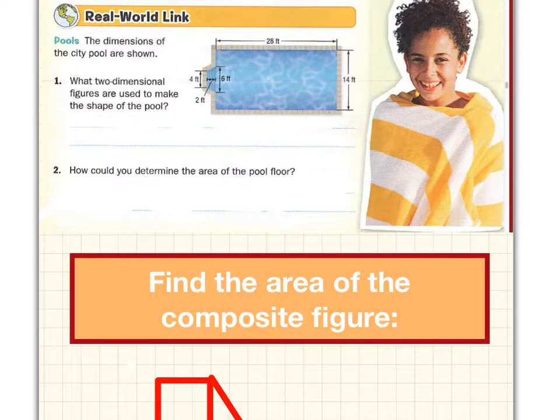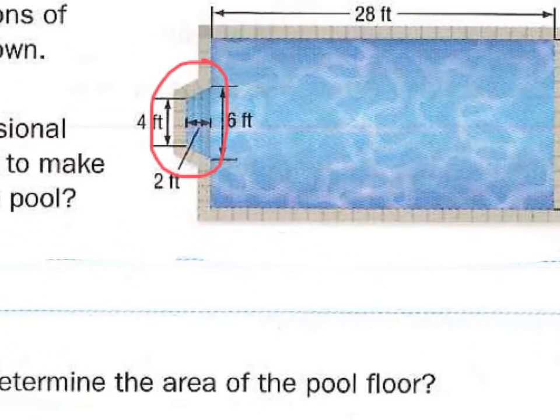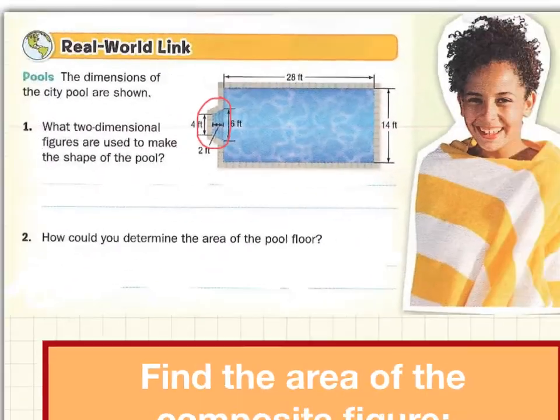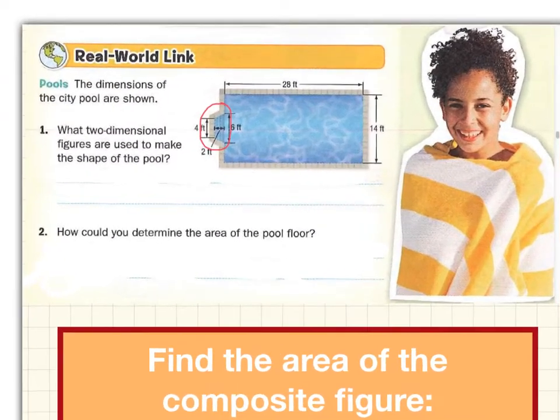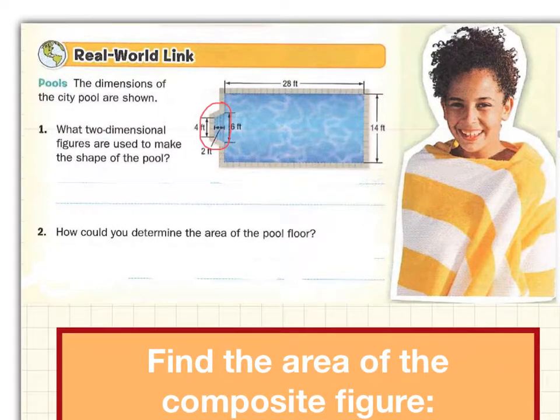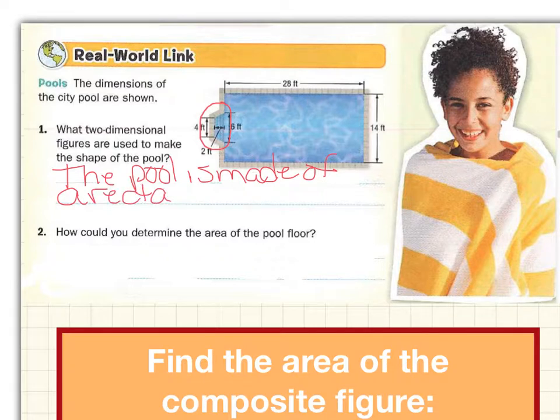I'm going to stretch it out a little bit so you can see. It should look like a trapezoid to you. So this composite figure, this pool, is made of a rectangle and a trapezoid.